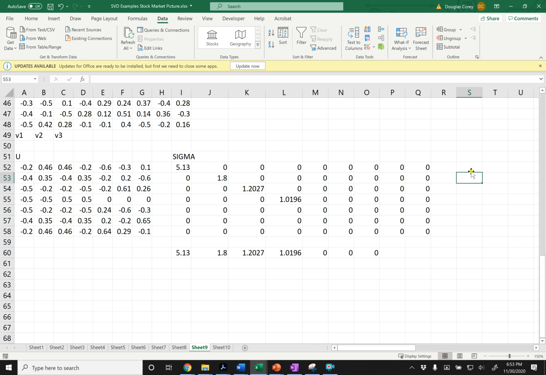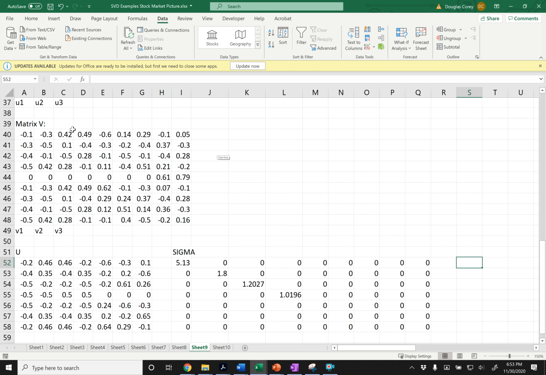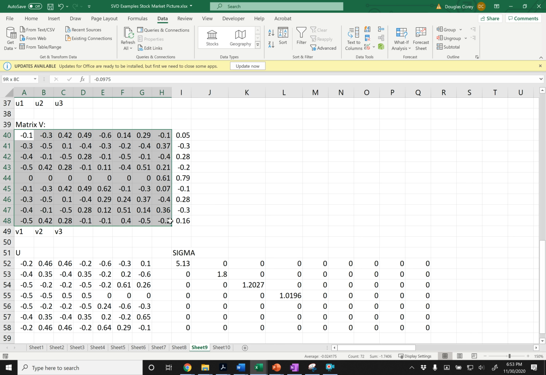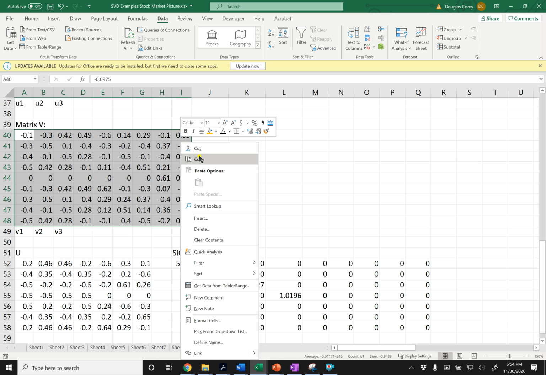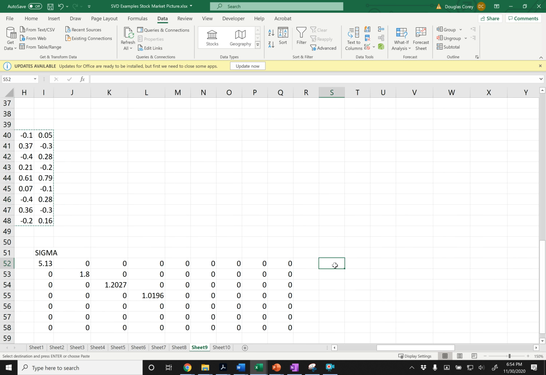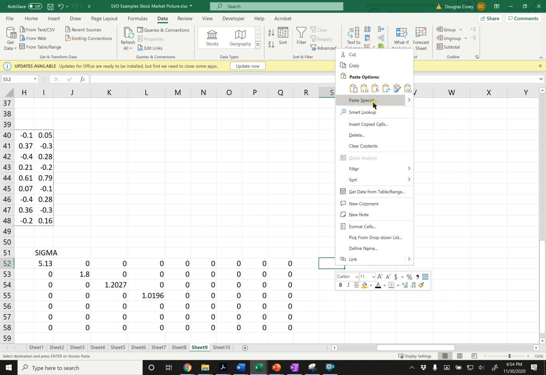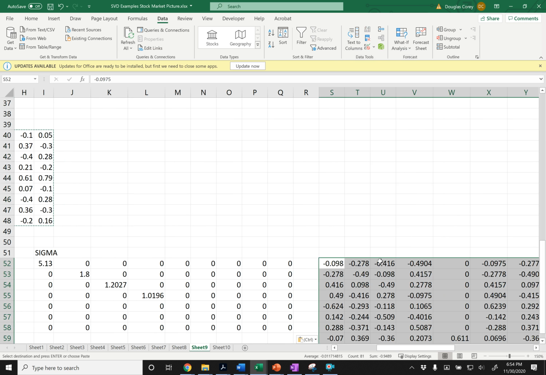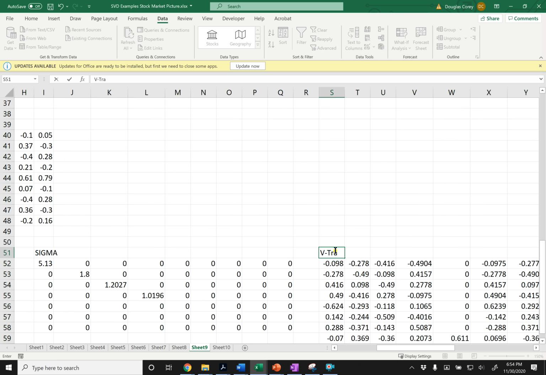So now let's put v transpose over here. So I'm going to highlight v, copy it, and paste the transpose. So here's v transpose.